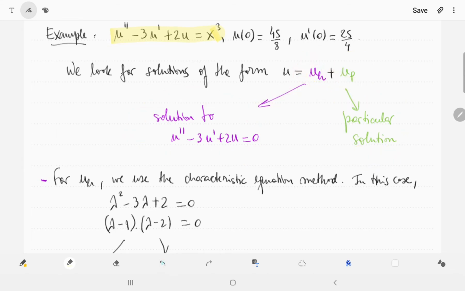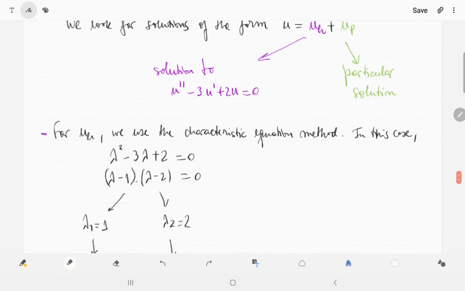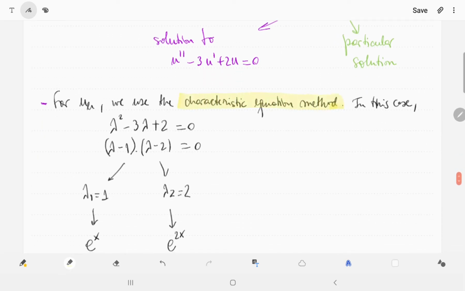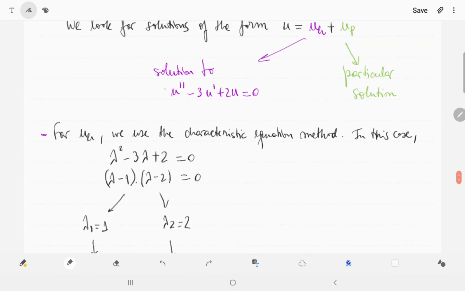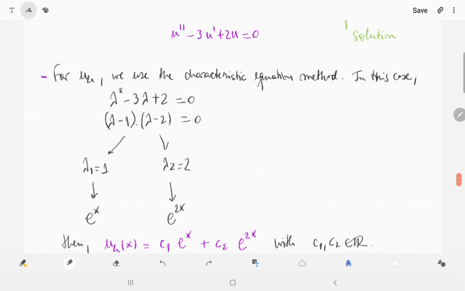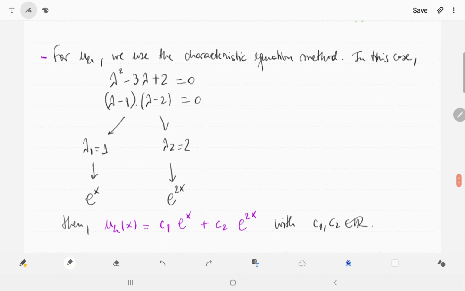For the homogeneous one, we have the characteristic equation method. In this case, we have to solve this homogeneous equation that has this characteristic equation that we can factorize, and we get two roots, 1 and 2.